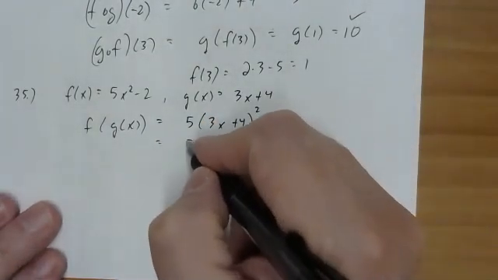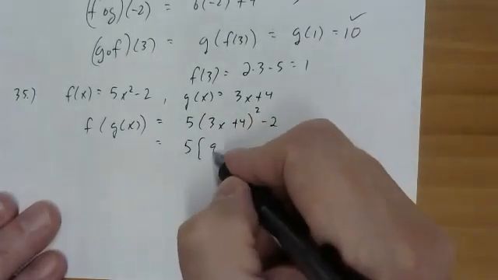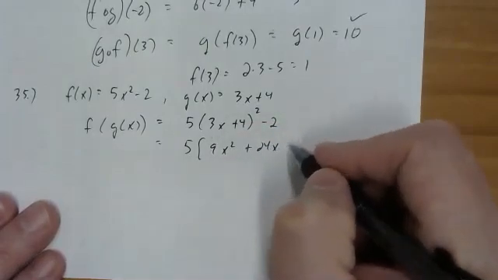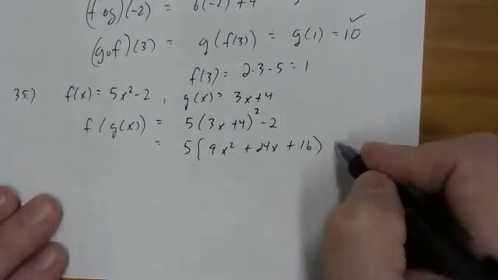Got to FOIL this. It's got to be 9x squared plus 24x plus 16.